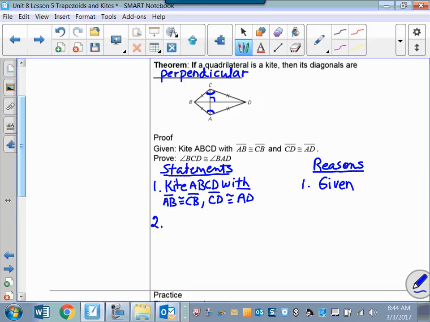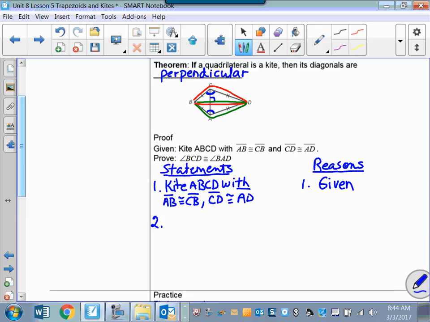Okay, well, once again, what I think I'm going to have to do is show that the top triangle in this kite is congruent to the bottom triangle, and then those angles will be corresponding parts, right? Well, we've almost got it.